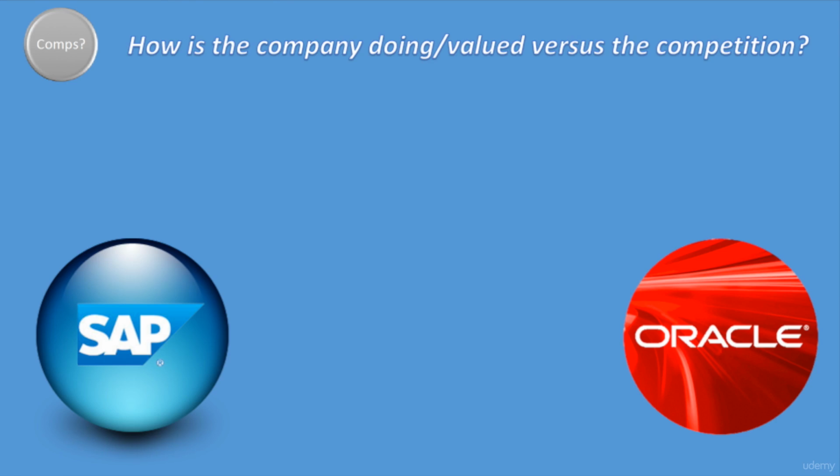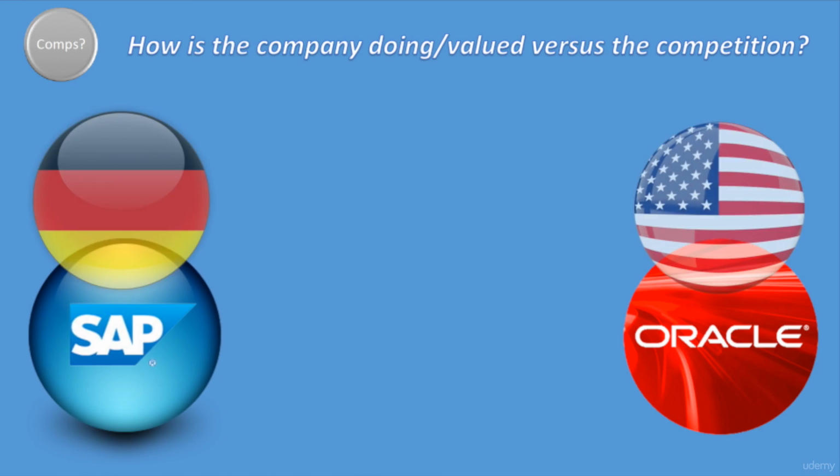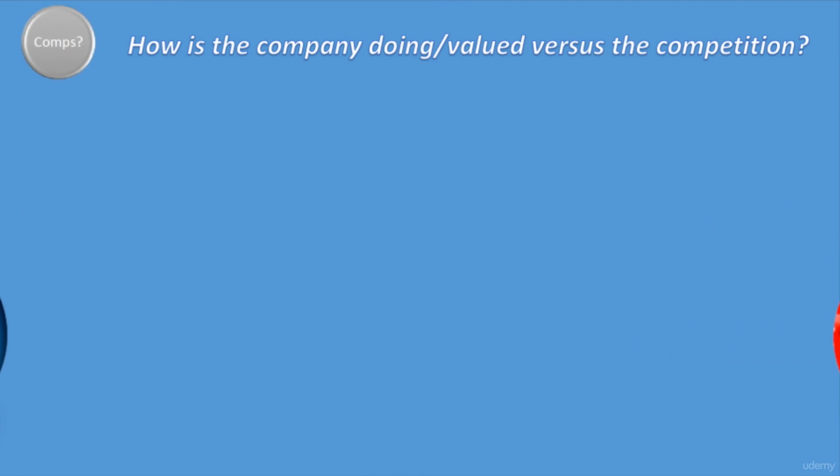Cognos was a business intelligence software company that was based in Ottawa, and then IBM bought them. But it used to trade at a premium to its comps at times. So SAP, based in Germany, traded at a premium to Oracle, which is based in the US, right? But it also did because SAP was growing a little bit faster, just to be fair.